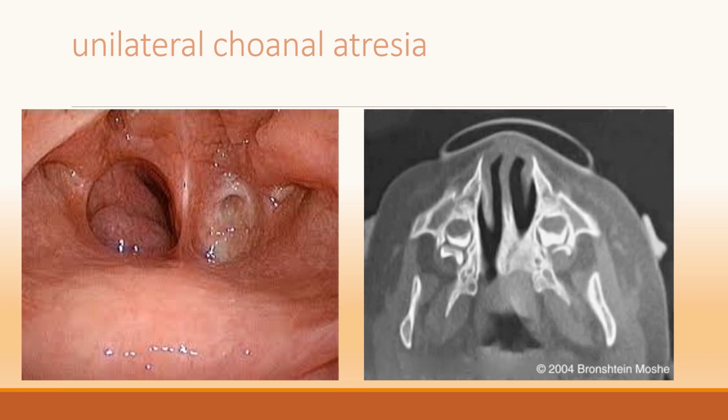Here you can see unilateral right choanal atresia, and on the other side you will see a CT scan showing the same patient.